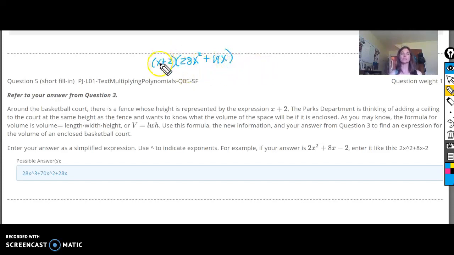Now I've got to multiply the x by both 28x squared and 14x and the 2 by 28x squared and 14x. So let's do that kind of in two different colors here.